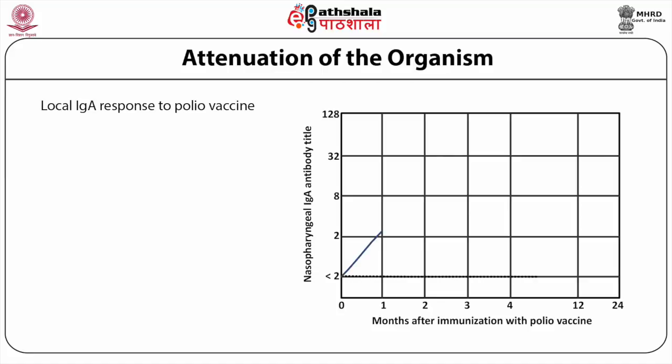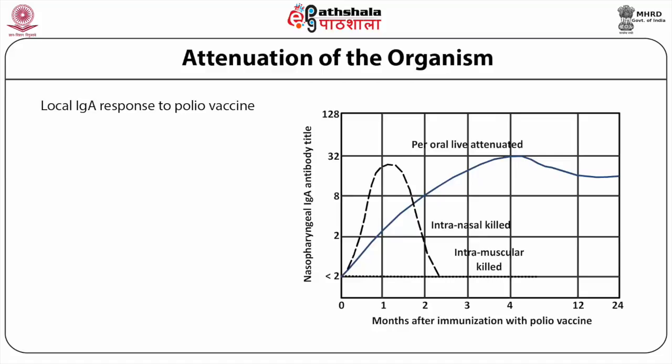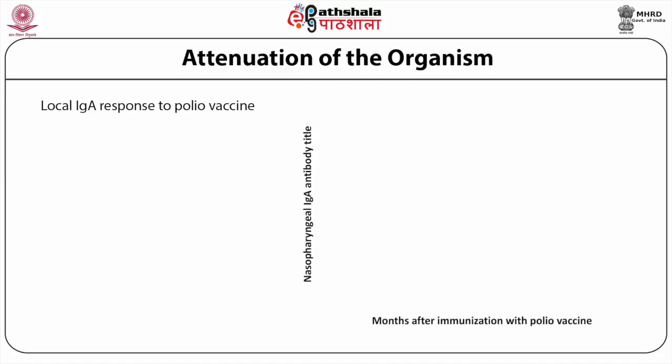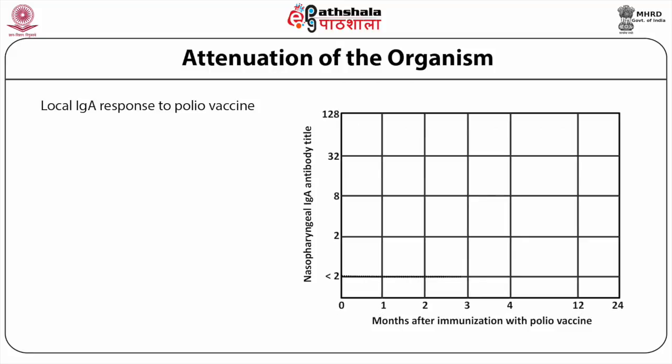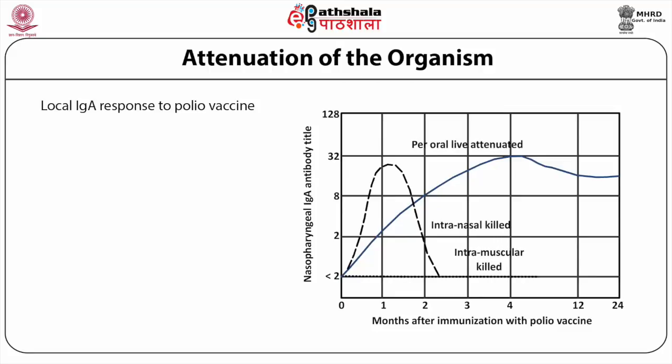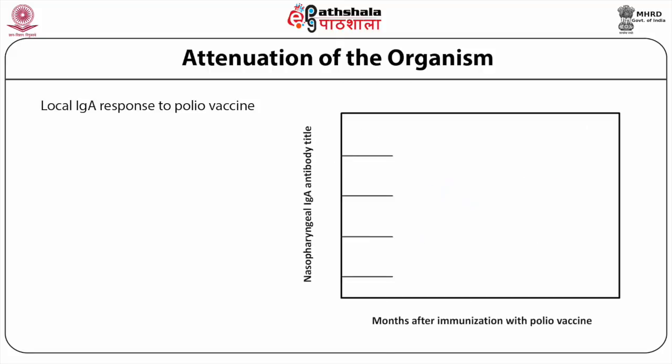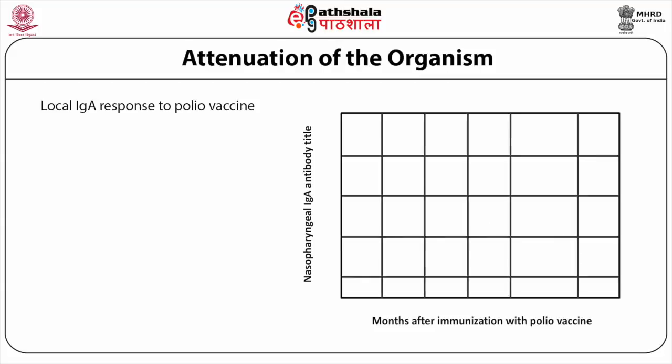Nevertheless, this protection was over after 2 months. The attenuated virus vaccine orally administered, however, resulted in a more sustained IgA level. Currently, most of the antiviral vaccines in use are of either killed or inactivated viruses or live attenuated viruses. The latter are more potent for many reasons.